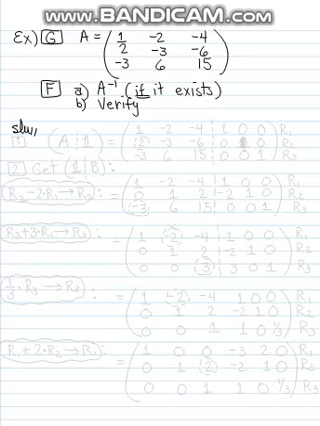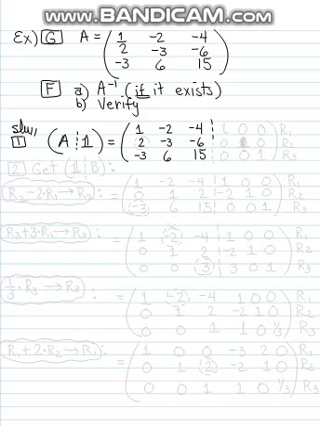Okay, so let's do the first step, and that is to begin with the matrix A, and right beside it, we're going to put the identity matrix for a 3 by 3. And then we'll work on it. All right, so what is this equal to? It's equal to 1, 2, negative 3 down the first column, then negative 2, negative 3, 6 down the second column, and then negative 4, negative 6, 15 down the third column.